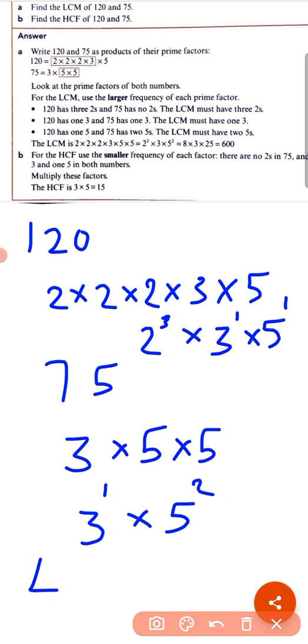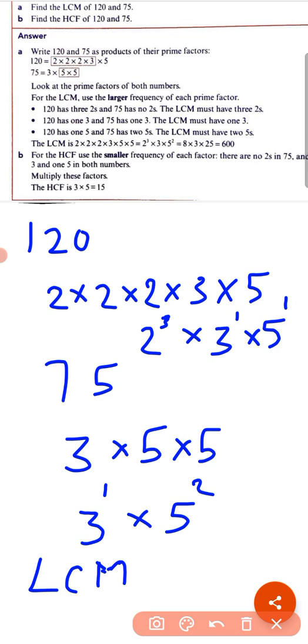So finding the LCM, you should select the factors with the highest frequency, or larger frequency. Larger frequency means the factor having the highest power.